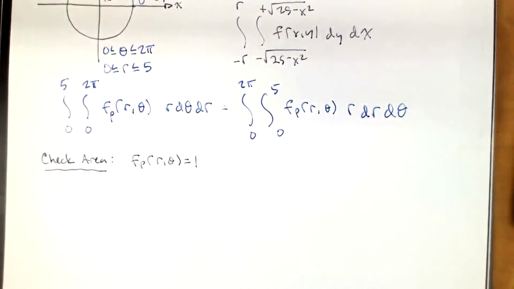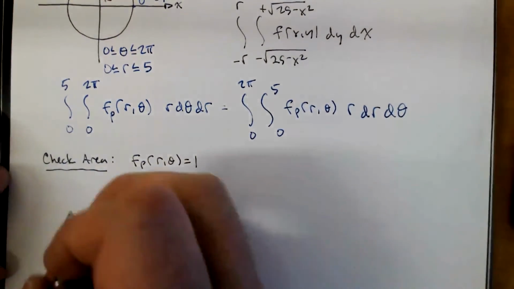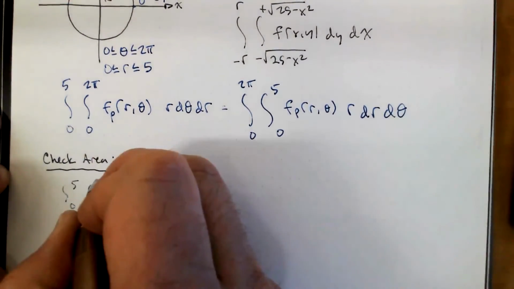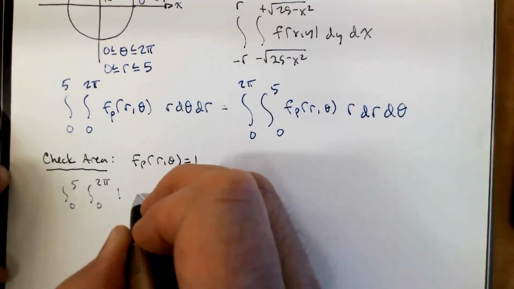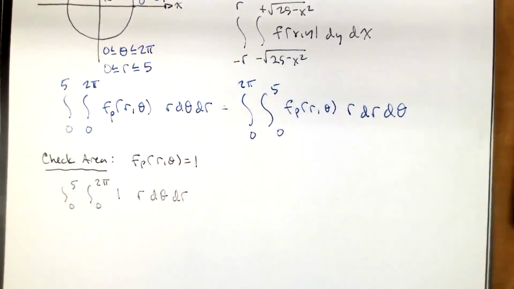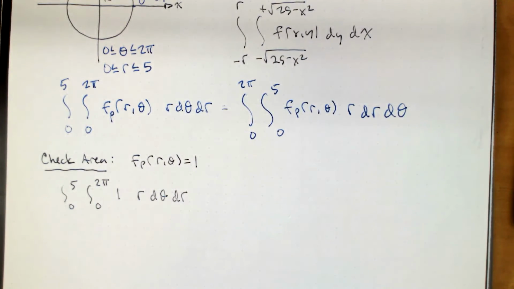We know that the integral of 1 dA will give us the area of the region. So let's see if that's true. Notice that I'm replacing the function with 1. That r is part of the dA.